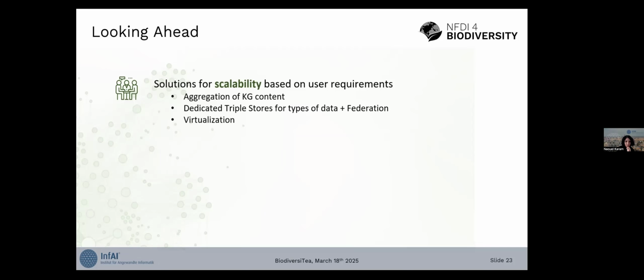The second solution would be dedicated triple stores per types of data, and with a federation of those triple stores. And the third solution would be virtualization with databases.